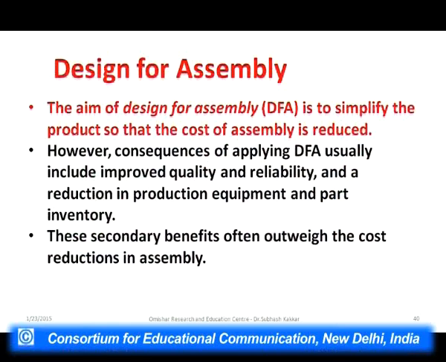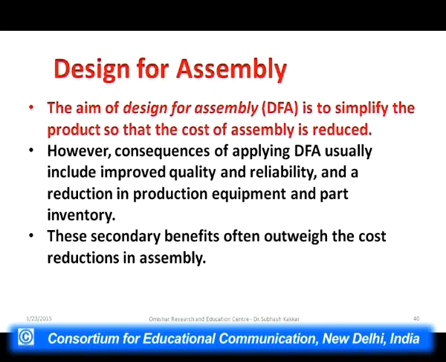Design for assembly. The aim of design for assembly, DFA: we started with DFX, where X can be replaced by M. If it is replaced by M, then it is known as design for manufacturing. When it is replaced by A, this is called design for assembly. So, the aim of design for assembly is to simplify the product so that the cost of assembly is reduced.